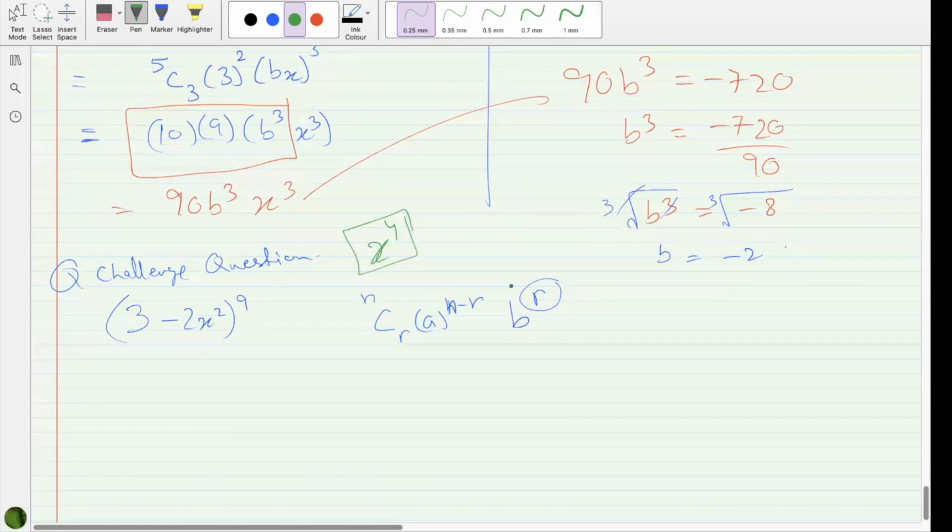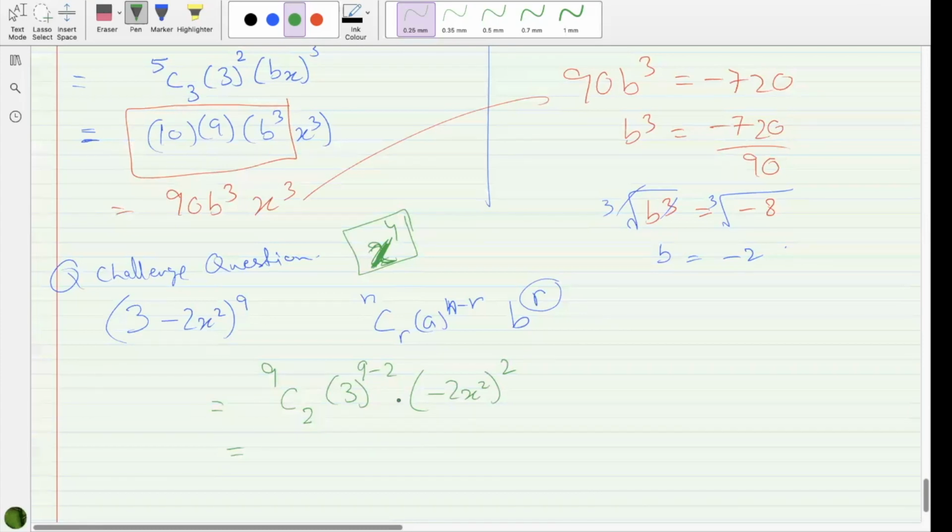I'm talking about the n minus r. Is r 4 or not? Because in the end we want x power 4, r must be 2. It is already x square. See, 9C2, a is 3, that is 9 minus 2, into b. b is minus 2x square. So r must be 2 to get x raised to the power 4.